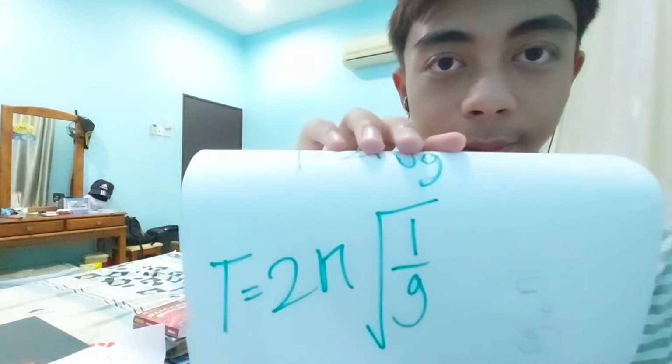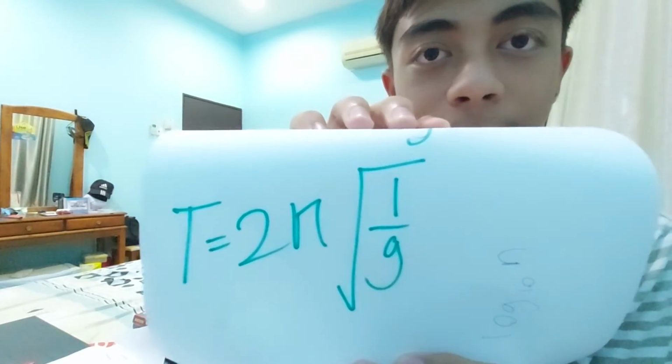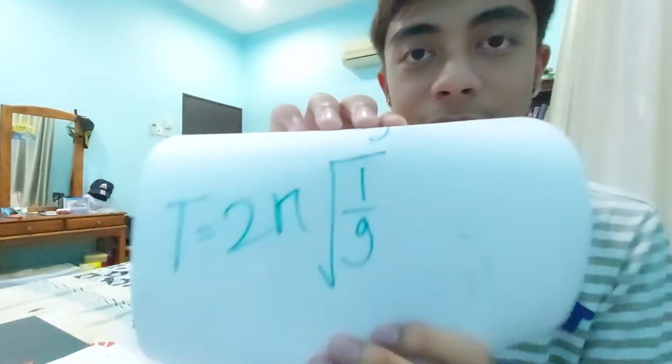As you can see here, T equals 2 pi root L over g. What does this formula do? This formula helps us determine the period of oscillation, or if you change the form of the formula, you could find g, which is gravitational acceleration.